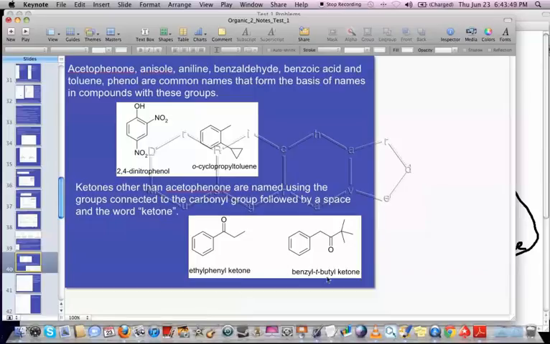This one is called benzyl t-butyl ketone. This here is your t-butyl group, and this here is a benzyl group. Now the difference between a phenyl group and a benzyl group is that a benzyl group has an aromatic ring and then a CH2, and then that's what's connected to the C double bond O. So this here, phenyl CH2, is called benzyl, and that's benzyl t-butyl ketone.